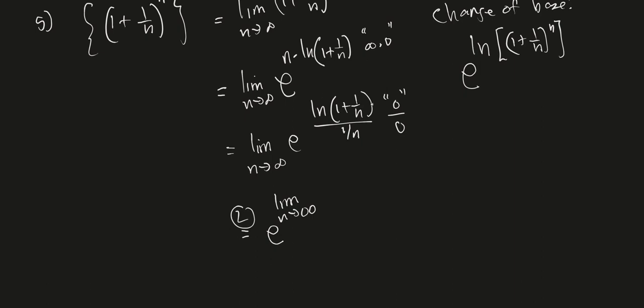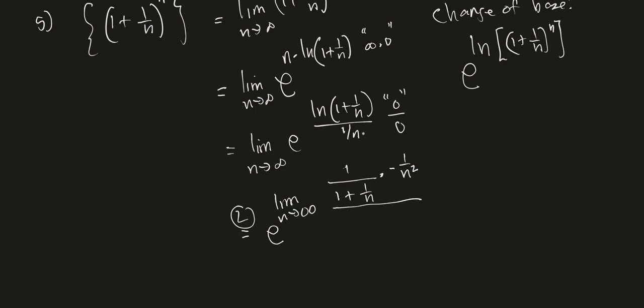So when I take the derivative of the top, I'm going to have 1 over 1 plus 1 over n, and then multiply by the derivative of the inner because of the chain rule. When I differentiate the inner function, the 1 over n becomes negative 1 over n squared.